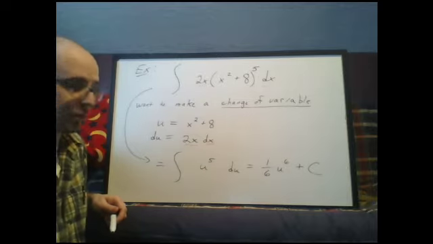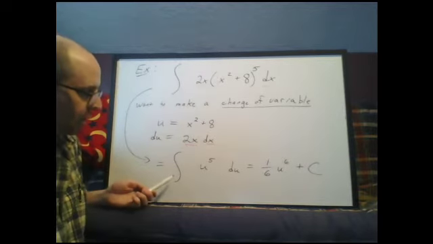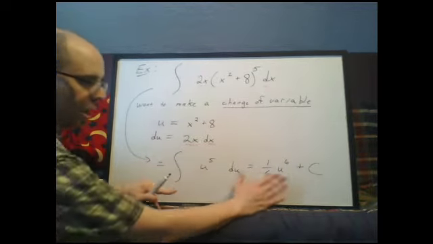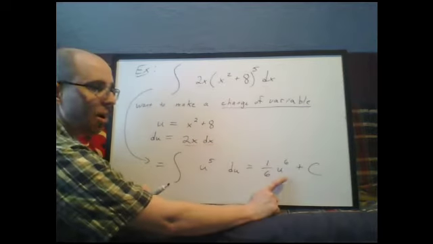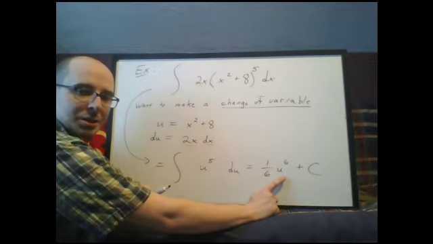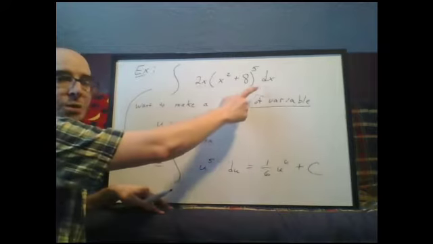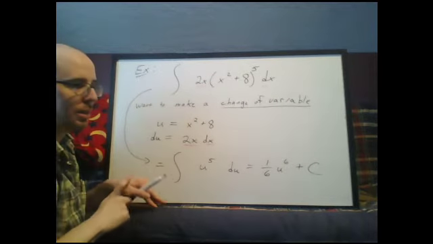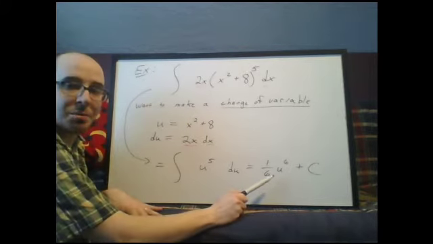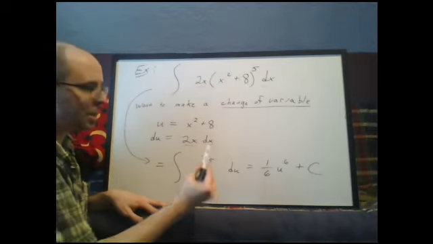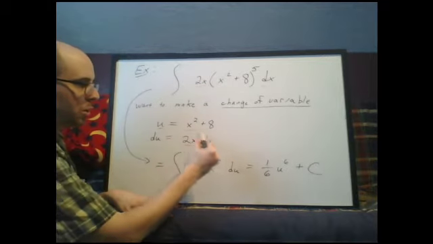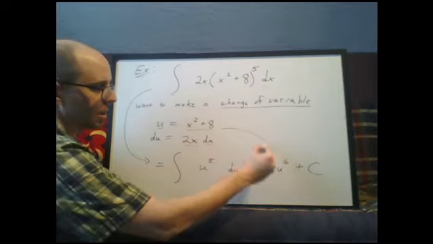So now we've integrated. We've gotten rid of the integral and the du. That's gone. Now we have our answer. Except our answer is not written in terms of the correct variable, because our actual problem was an x problem. So whatever my final function is, it should be in terms of x. So now what I need to do is replace u with x squared plus 8.